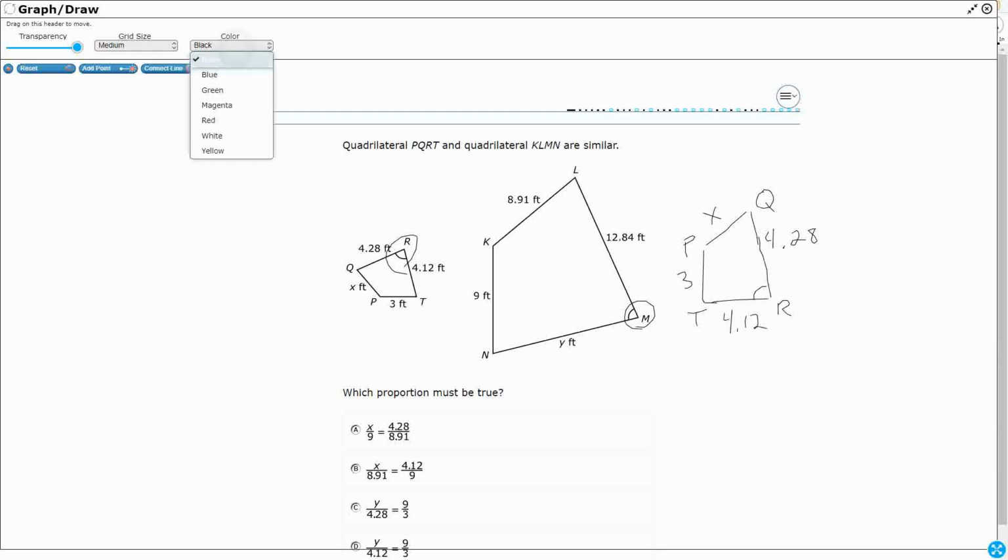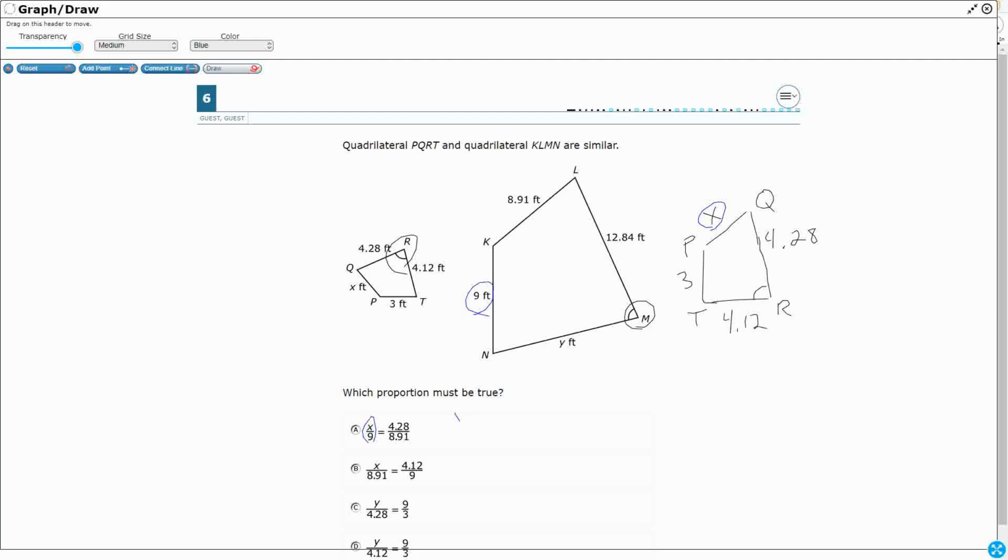So now we can start looking at some proportions here, and we need to see which ones are going to be true. I'm trying to match the sides that are in the same relative position. So x over 9. I can already tell you that's not going to work, because those two sides are on two separate quadrilaterals, which is fine, but they need to be the same ones.